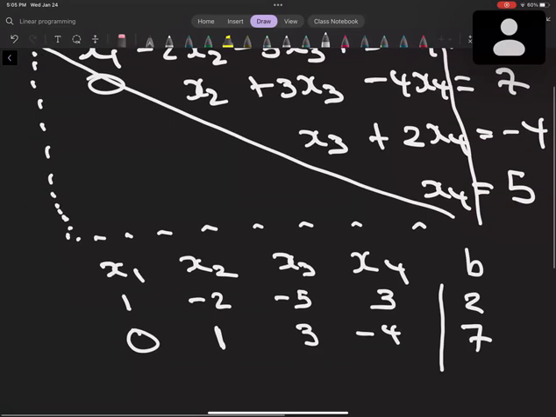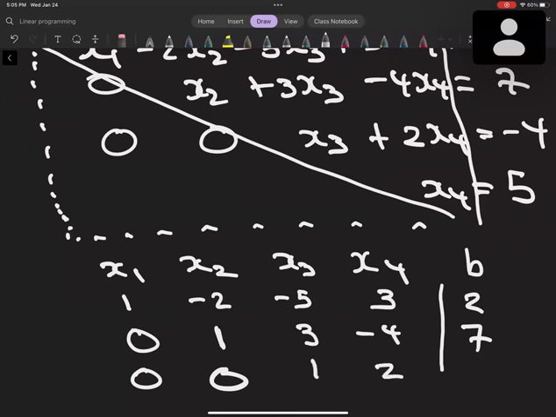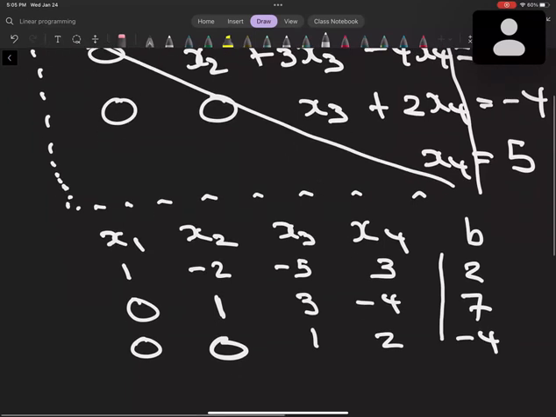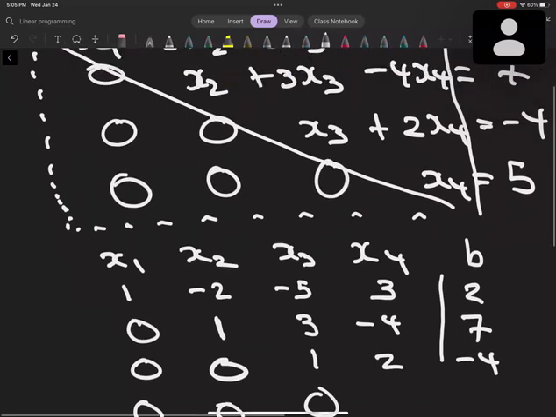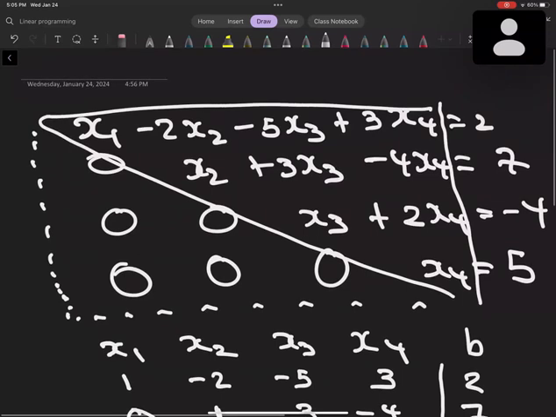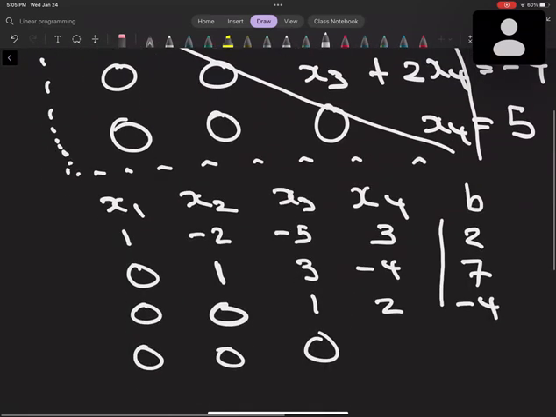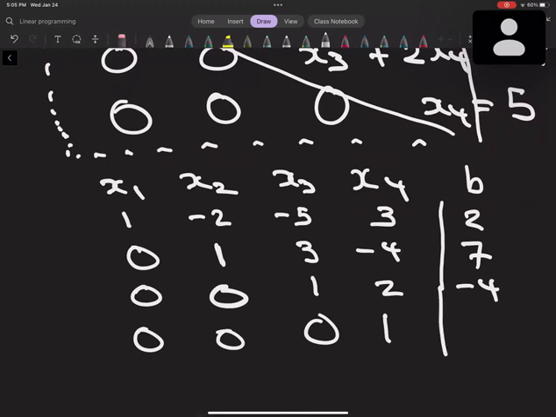The next one is going to be 0, 0, then 1 for x3 and 2 for x4, and the b is minus 4. Finally, I have 0, 0, 0, because I don't have any x1s, x2s, or x3s, but I have one x4, and then this is a 5. That's why it looks triangular.